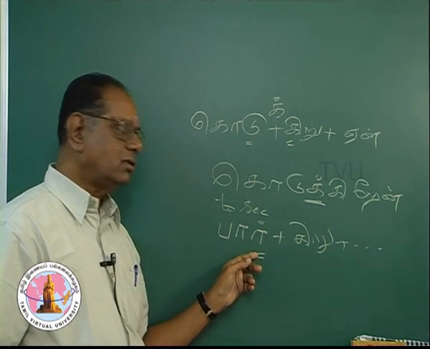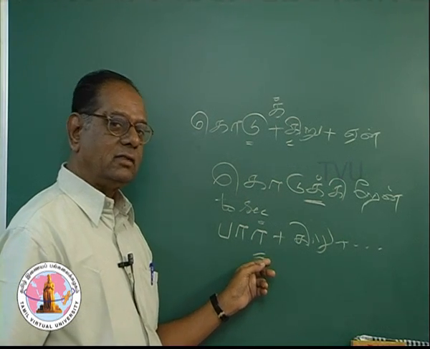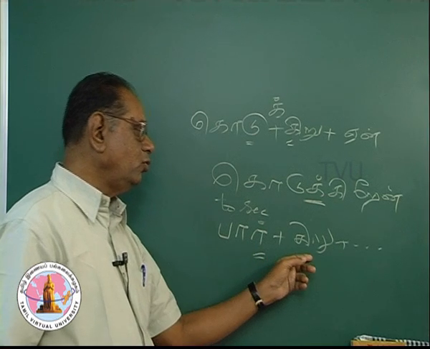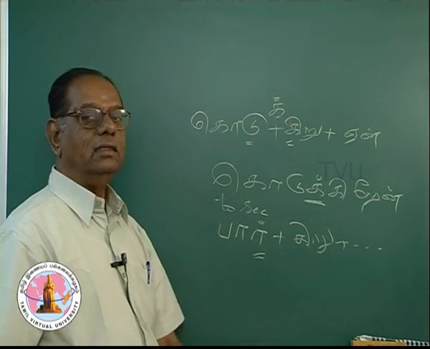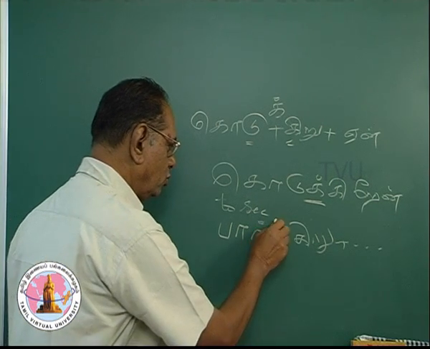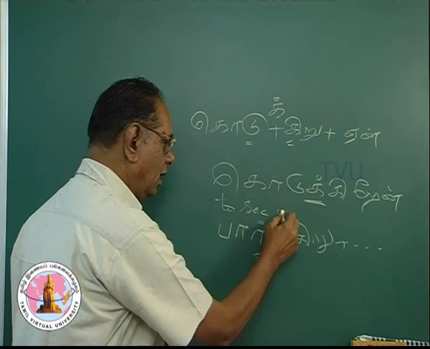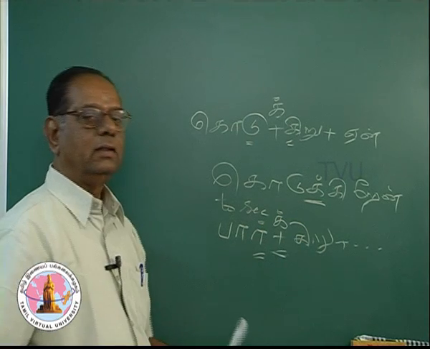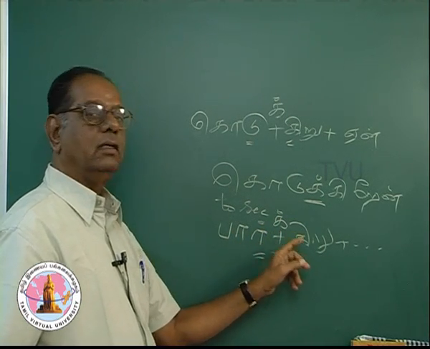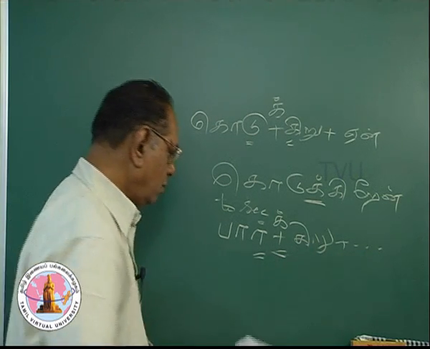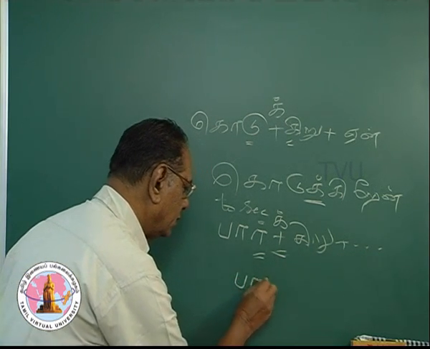It is neither a hard sound nor a soft sound nor a nasal sound. Here also you find the difficulty in pronouncing it easily. So, we introduce the same consonant ik. So, par, ik, kiru, en, parkiren.